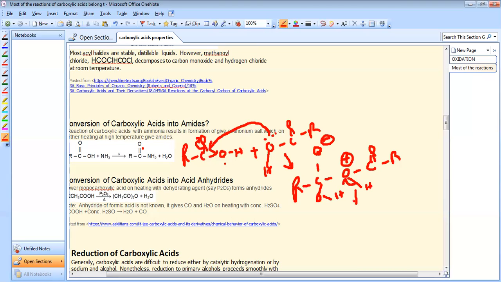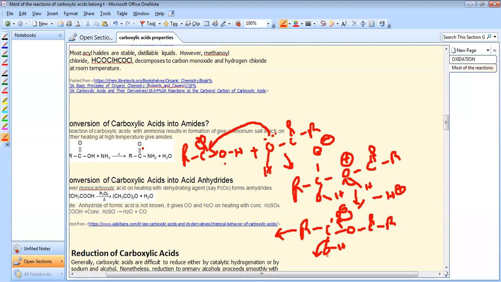Deprotonation takes place, so we get this RCO minus, and this is OH and O C double bond O R. Now H plus is removed, and the negative charge shifts here, which facilitates the removal of OH minus.